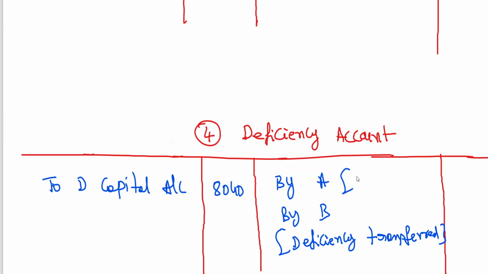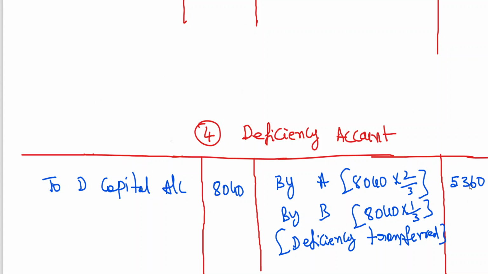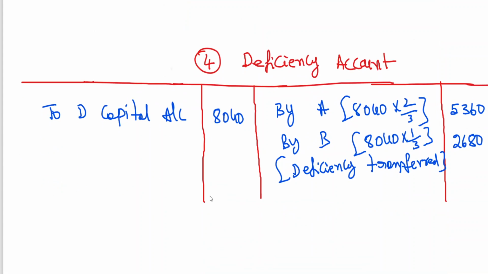The calculation I have already done. 8040. Okay, this deficiency account has been closed.